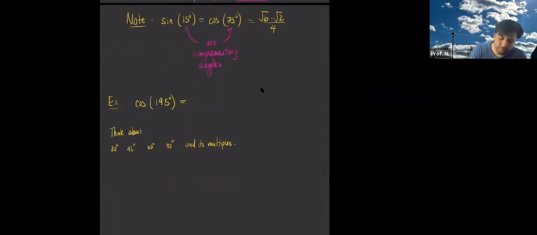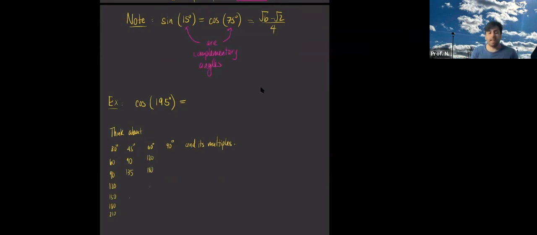So for example, the multiples of 30 are what? 60, 90, of course, and then 120, 150, 180, 210, so on and so forth. 45 is 45, 90, 135, so on and so forth. 60 is 120, to 180, right? So on and so forth.